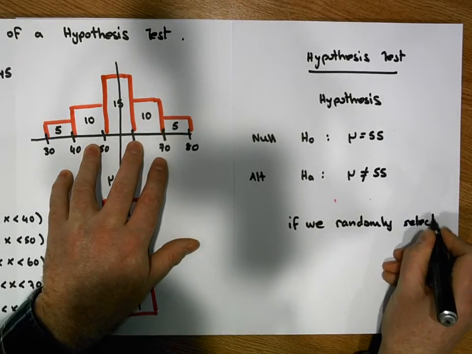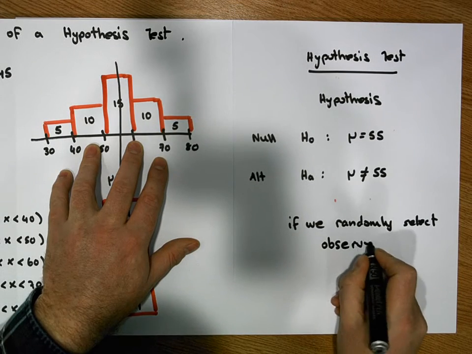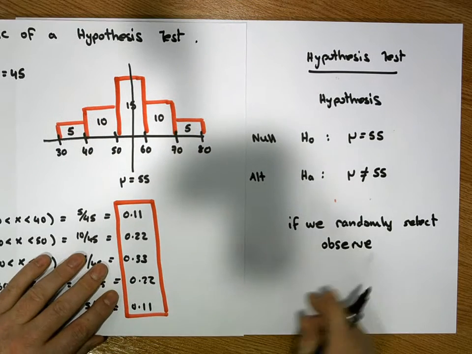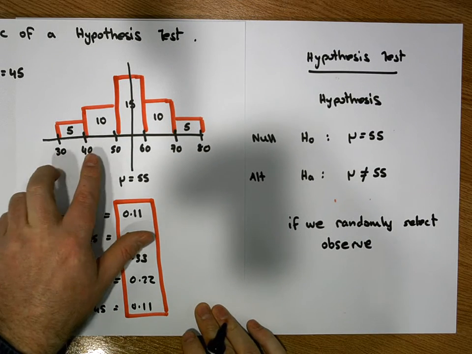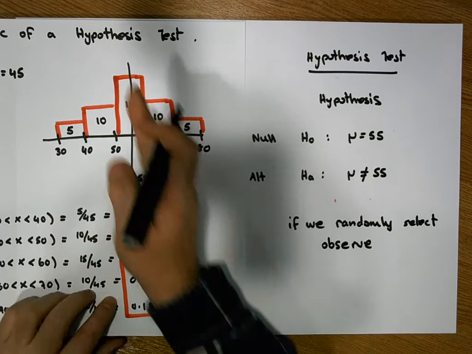and if we observe, let's say, that we randomly selected somebody that spent between 30 and 40 euros, so we're assuming the distribution is positioned on 55.